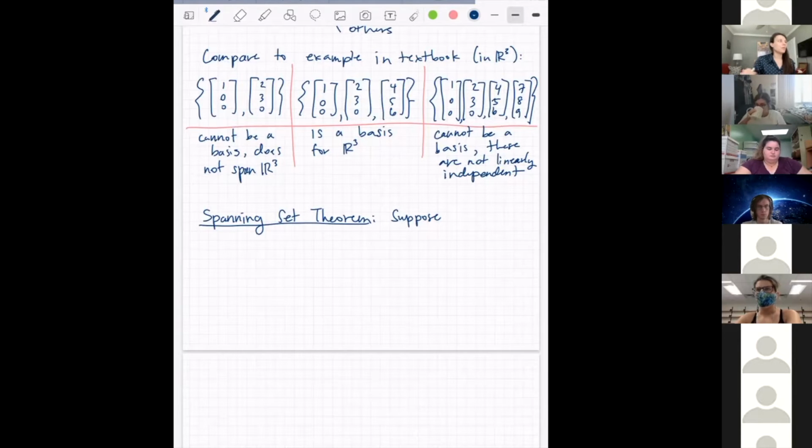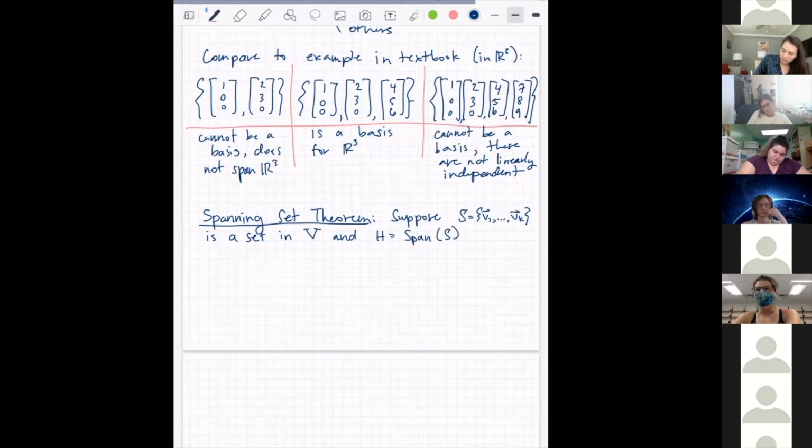Okay. And so this says that if you have a set, which we'll call S, of vectors v1 up to vk, so suppose S is a set in V, your vector space, and H is equal to the span of S. So it's the span of those vectors. Then we can say two things.